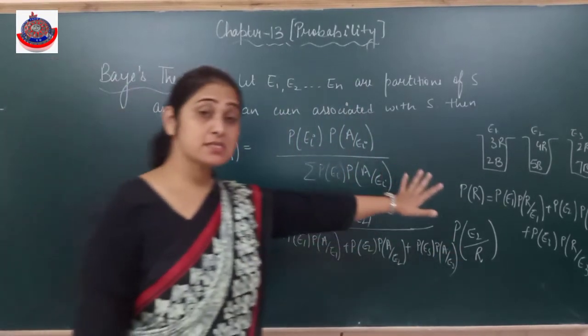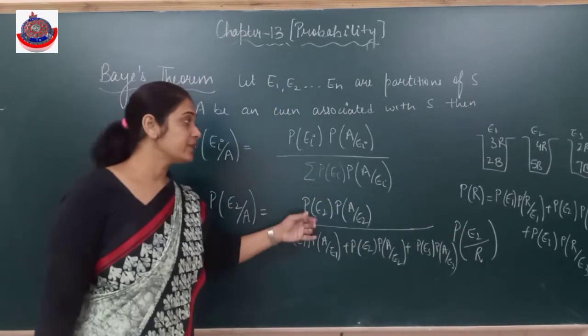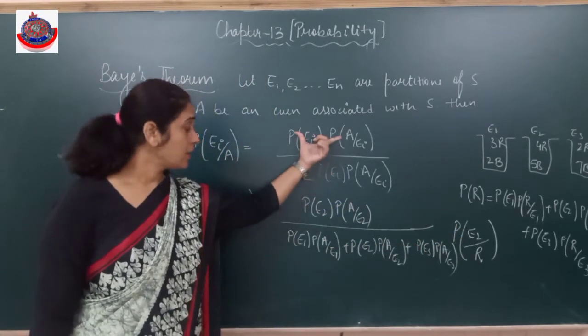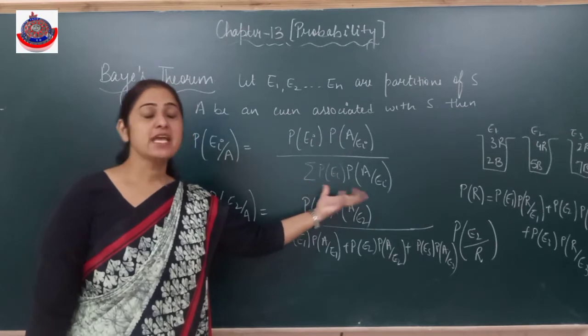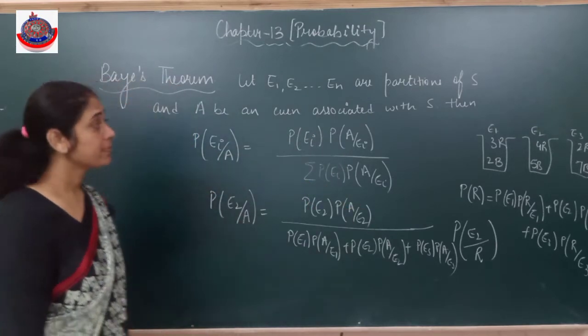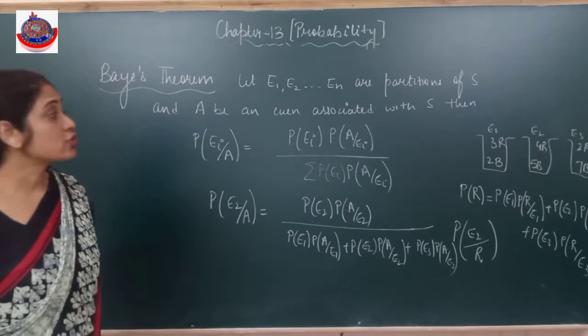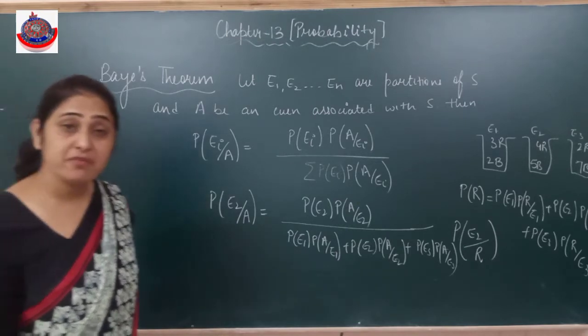So that is the base. Only जिस बैग में से probability निकालनी है वो वाला portion ऊपर and total नीचे. That is called Bayes theorem. Understood? Is it clear? I hope it's clear to everyone.